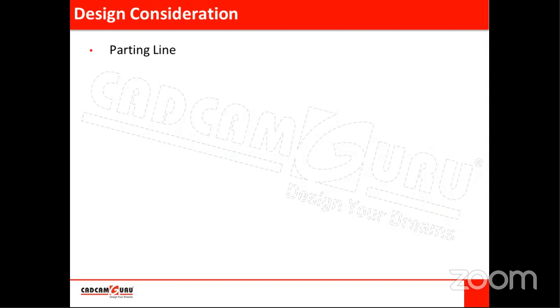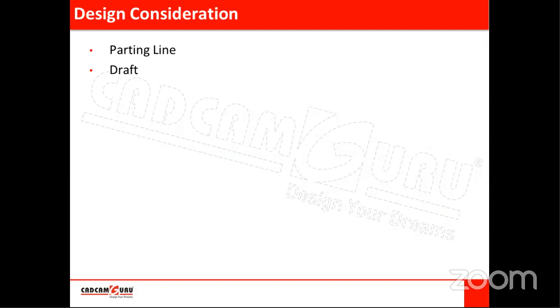Okay. Then, by considering the parting line, we need to apply the draft angle. I have shown you the draft angle while going through the videos. There is some taper applied on the faces which are perpendicular to the cutting line or parting plane, or parallel to the moving direction of the die.